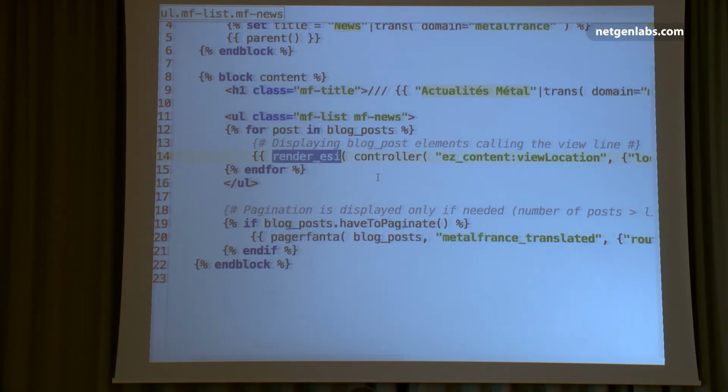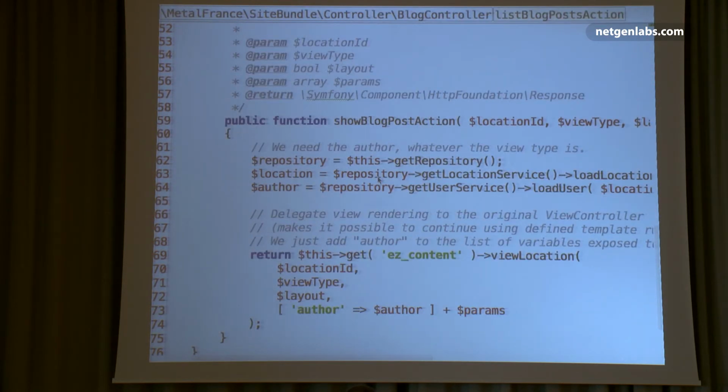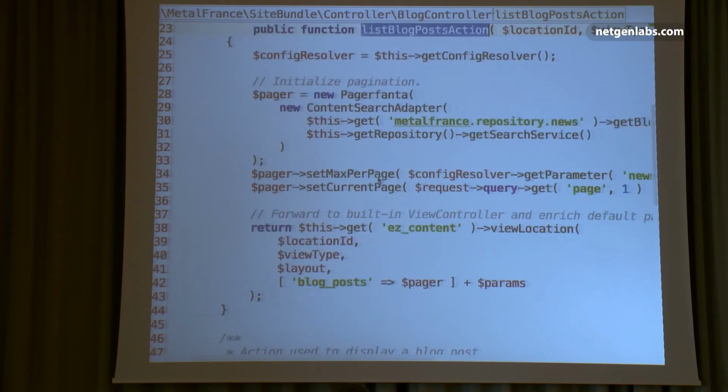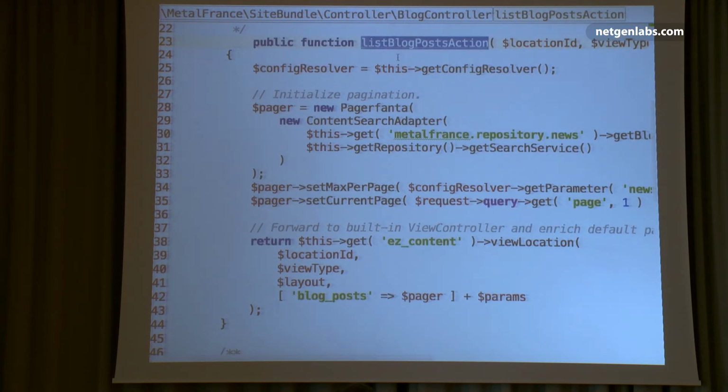So for listing content, you're kind of forced to use a custom controller, which is very simple here. Here for pagination, we're using Pager Fanta. There is a cookbook recipe on doc.tz.no for using Pager Fanta, but this is basically instantiating the pager, passing it the content search adapter, which is for searching contents.